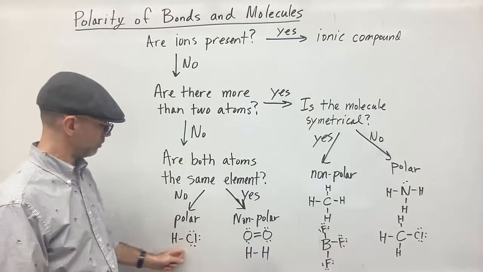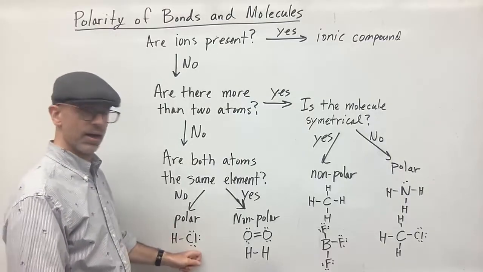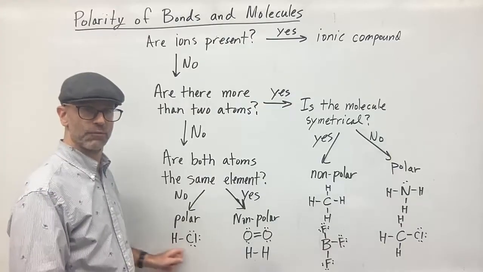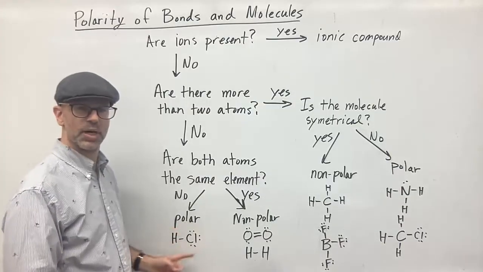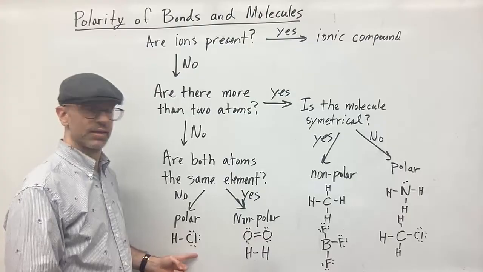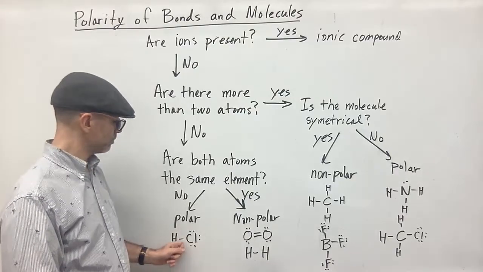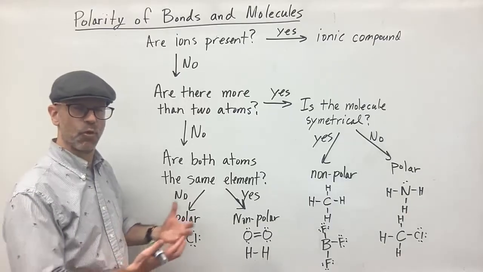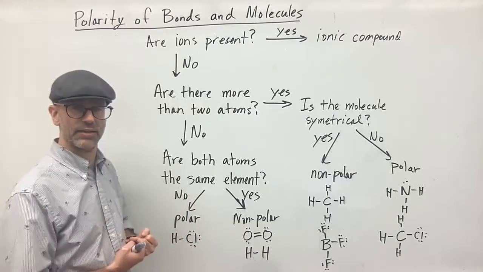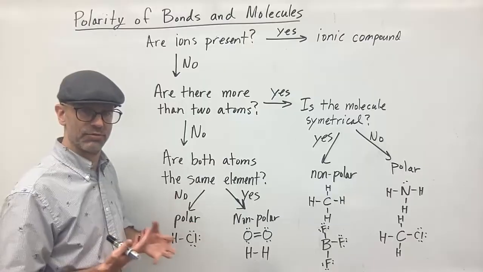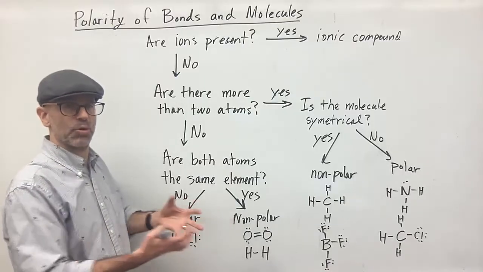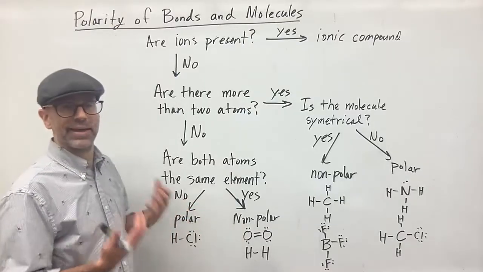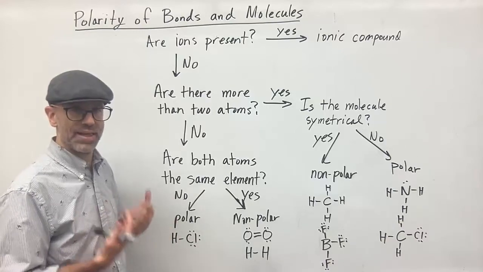And here's an example. You have two atoms bonded together, they're different. Chlorine is much more electronegative than the hydrogen. It's going to pull the electron density more towards it. Therefore, it's going to have a partial negative charge. Remember, electrons are negative. So if one atom is pulling those electrons more, then it's going to have a partial negative charge on that atom.